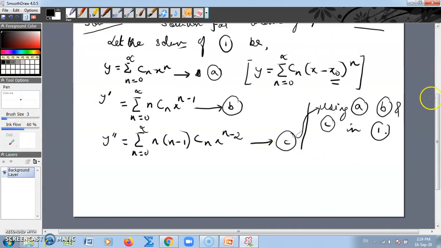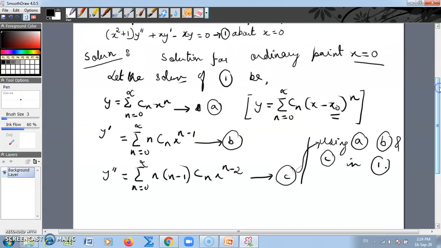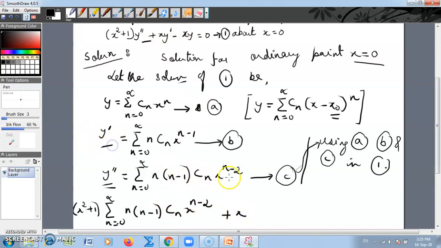It is (x squared plus 1) into y double dash, which is this one: summation n goes from 0 to infinity n into (n minus 1) Cn x to the power n minus 2, plus x into y dash. So we have y dash here.